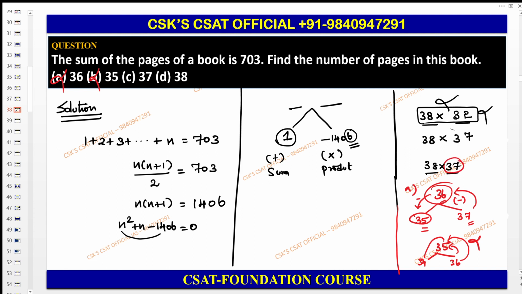When you are going back with 36, what will happen? Now 7 into 6, the unit place is 2. Therefore we can eliminate this also. But here one more thing is there. We should not completely eliminate 37, since we have to check here. So now check the product, 36 into 37. Are you getting 1406?